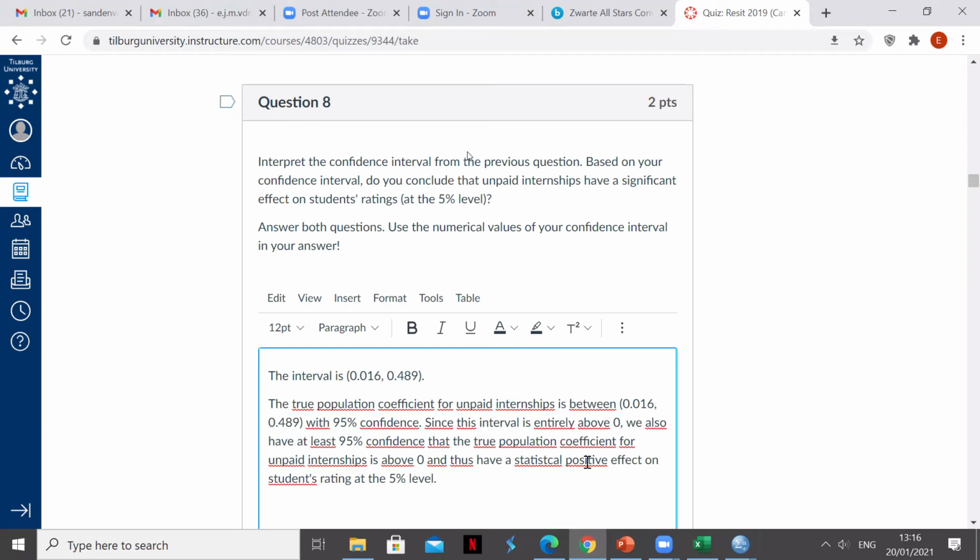So always take notice of that. So for example, if it had been -2 to 0.489, you would say, since it includes 0, we cannot conclude that it has a significant effect or that it's different from 0, etc. But I think that makes sense.